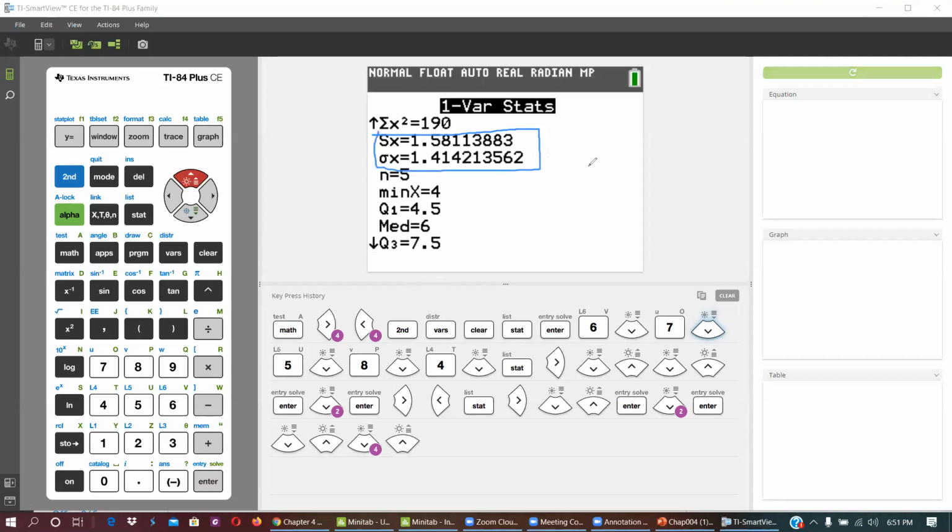Which is the correct value? Which is the standard deviation? Can you understand here? Sx is 1.58, sigma x is 1.41. Which one is correct?